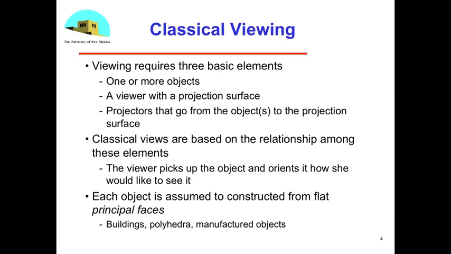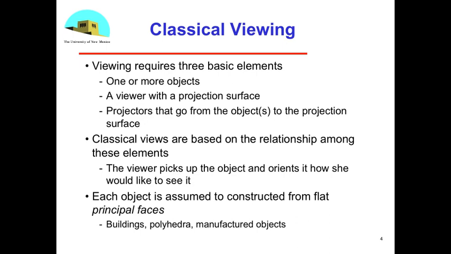If you have something like a sphere, obviously there's no notion of a principal face because it looks the same wherever you put it. But the development of viewing was really based on the idea that you were looking at these rectangular-like shapes, and that we could identify certain principal faces and say, I want to look at the front, I want to look at the side, I want to look at the top.